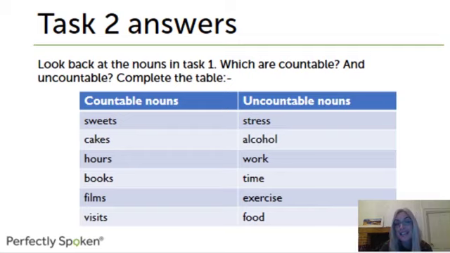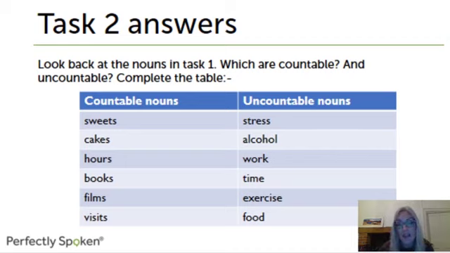As you can see there, because we're talking about a quantity, how much or how many, we have got an S on the end of the countable nouns when they are regular, okay? The uncountable nouns, we've got stress, alcohol, work, time, exercise, and food. Right, so there are our countable and uncountable nouns.